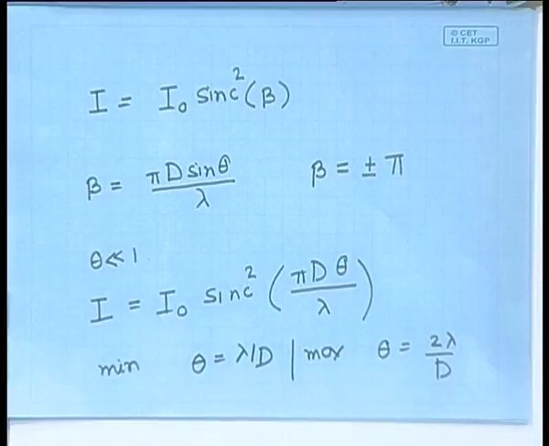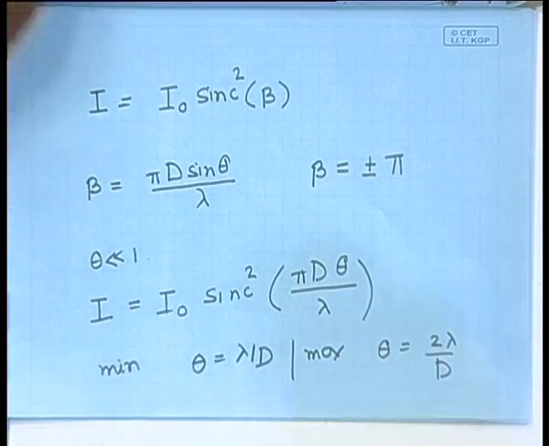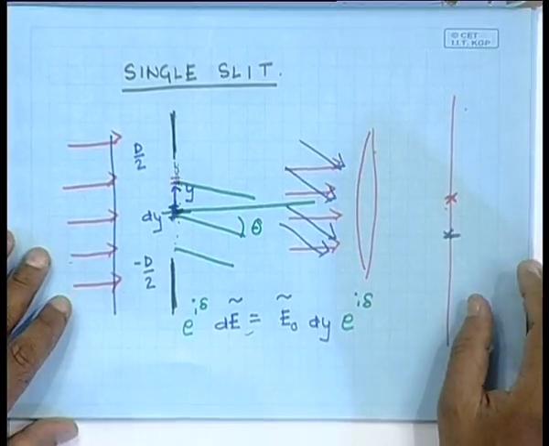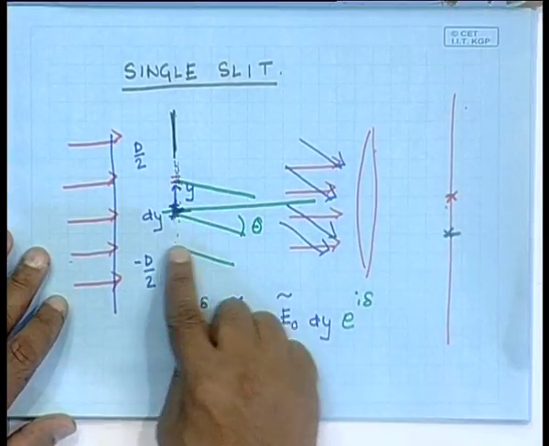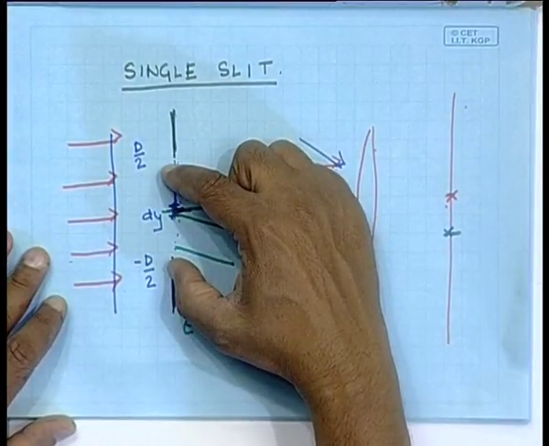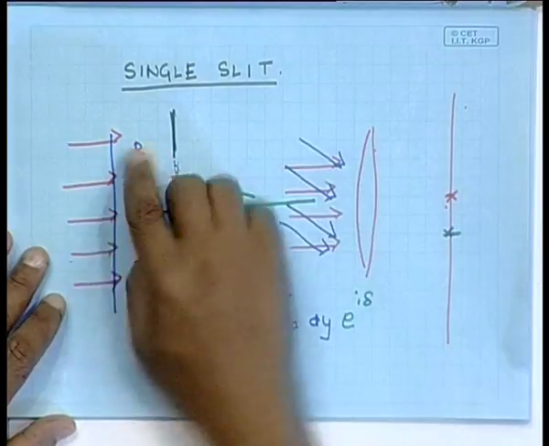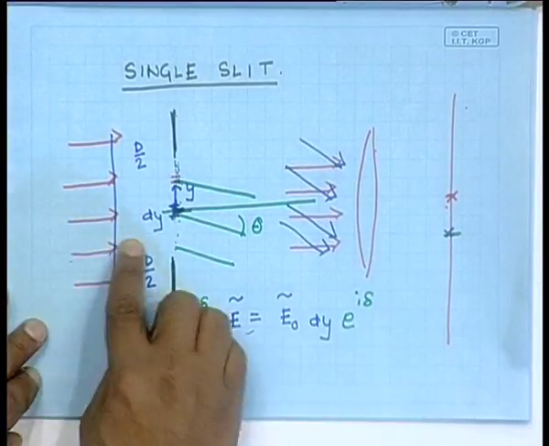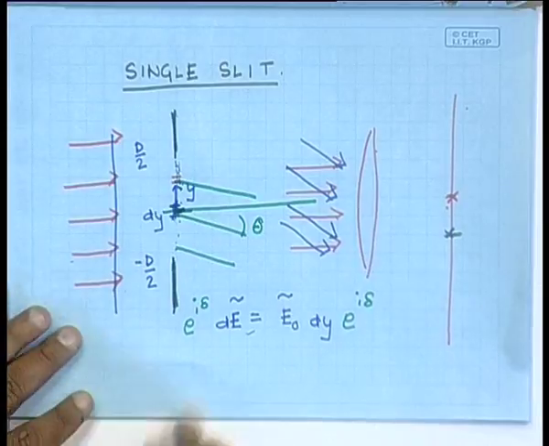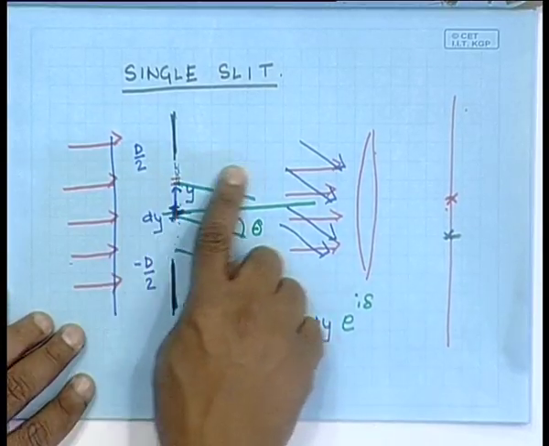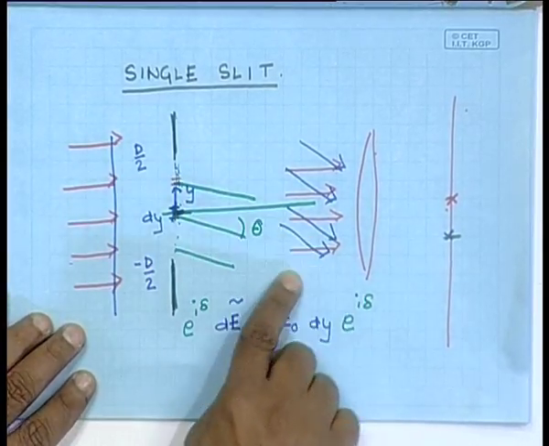So, what you see here is that when you send a plane wave through an aperture of a finite size, in this case an aperture of size d, the plane wave which is incident is all in one direction. When the wave comes out, there will be a spread in directions.